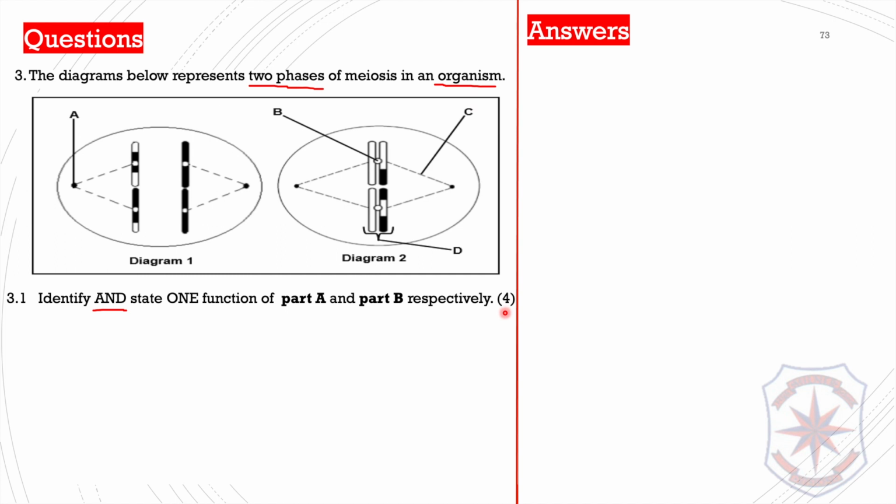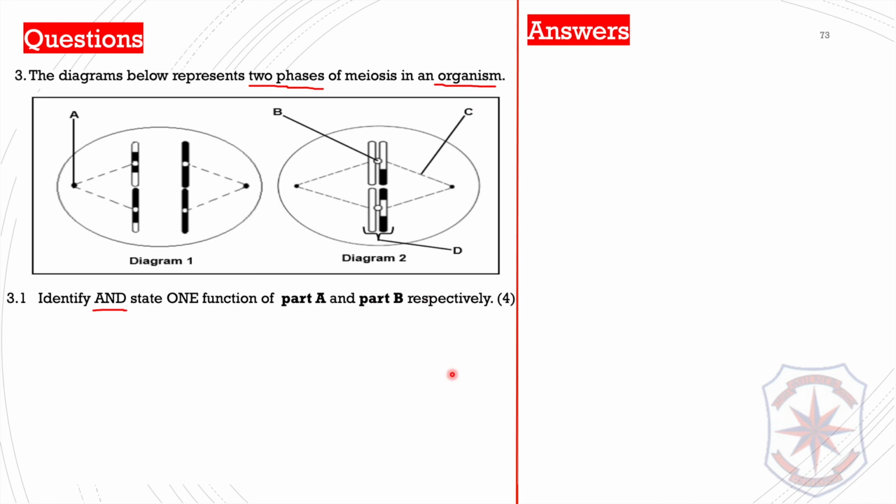So if the mark allocation is 4 marks and then you have 2 parts, on those 2 parts you have to identify and state one function. It means that it is going to be 1 mark for identifying and 1 mark for the function. So please do not selectively read the questions. Read the question in its entirety first and underline the things that are important when you read it for the second time, guys, or else you are going to lose marks.